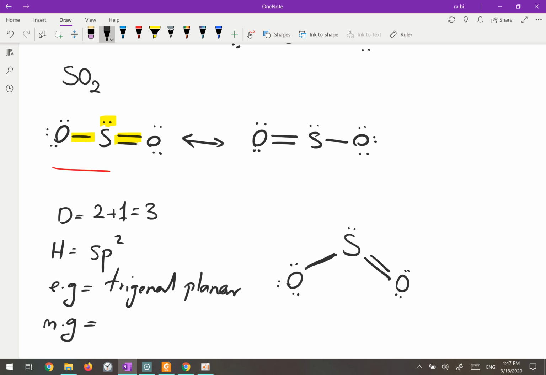So what would be the shape of the molecule? The shape of the molecule becomes bent or V-shaped. But the angle that we have here is different from the bent or V-shaped molecules that we had earlier. Here, the angle for the trigonal planar was 120. It decreases a little bit and comes to around 117 degrees.